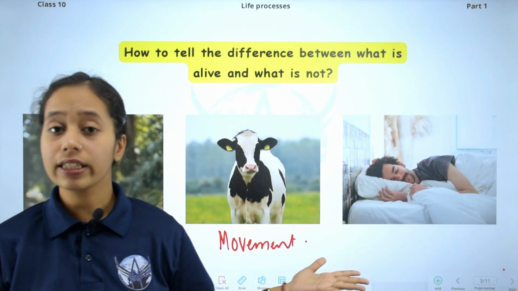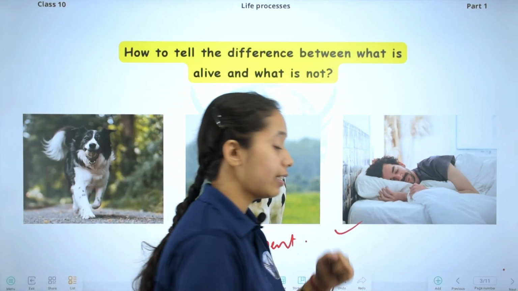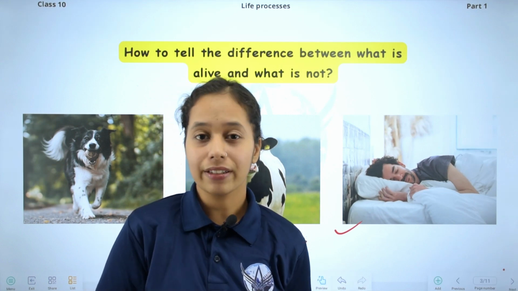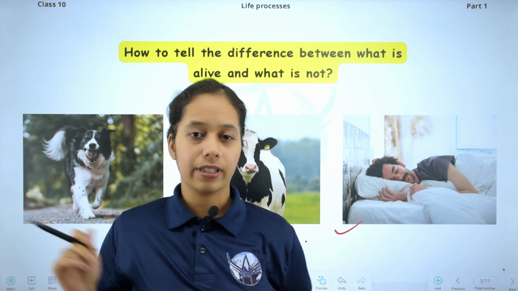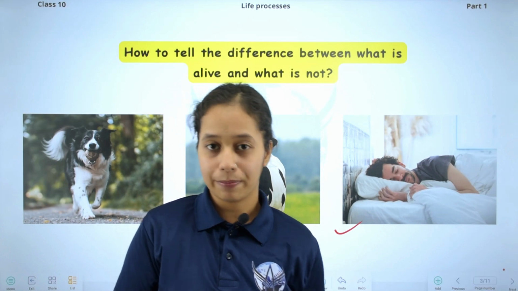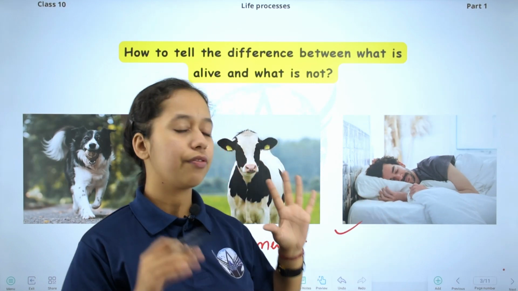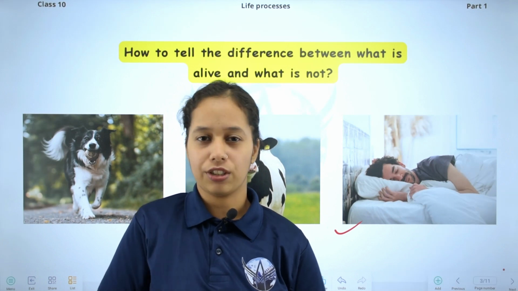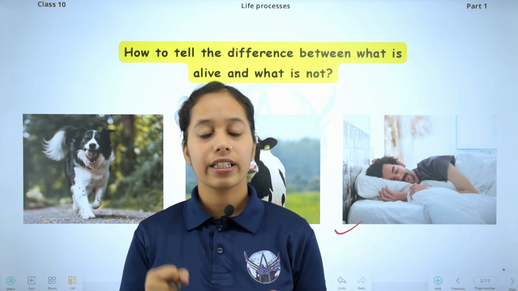But what if a person is sleeping? What if a person is sleeping and not moving around from one place to another? Suppose this person is a very good sleeper, he is sleeping very soundly and he is not moving around much, he is static in one position.